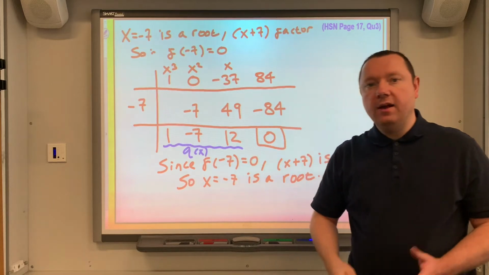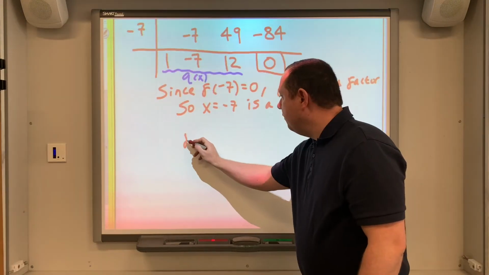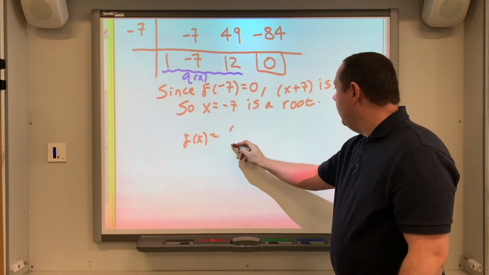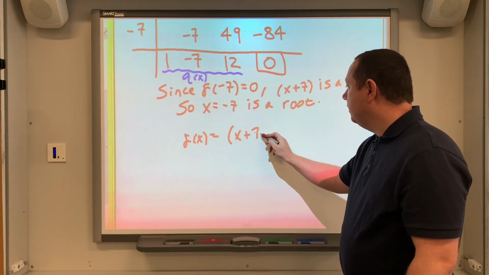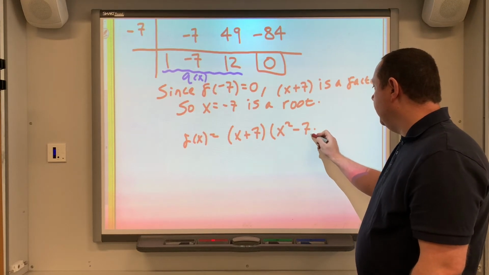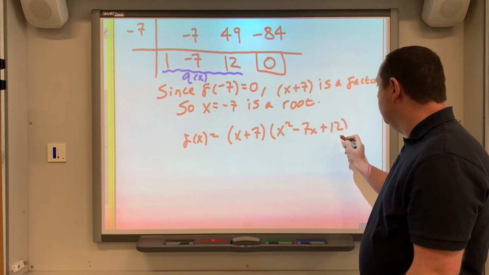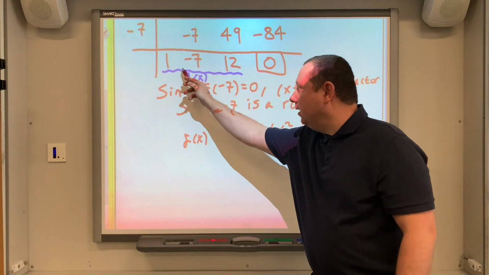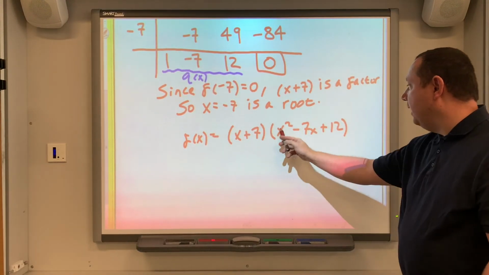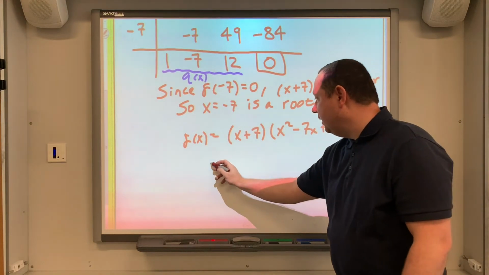So we should be able to factorise it nice and simply. So f of x equals x plus 7 times x squared minus 7x plus 12, because our quotient is given here. Now we need to check if we can factorise that. It should be nice and simple to factorise.